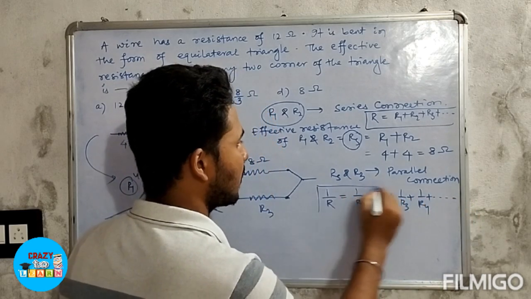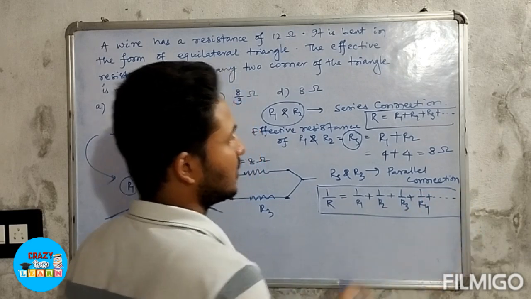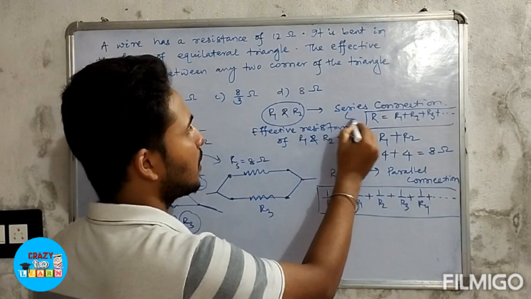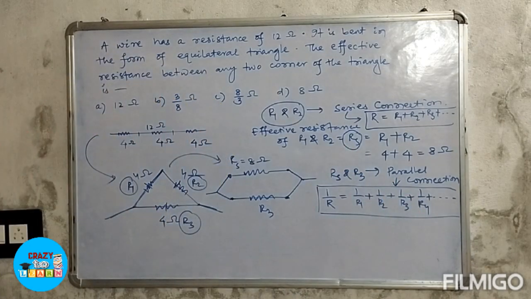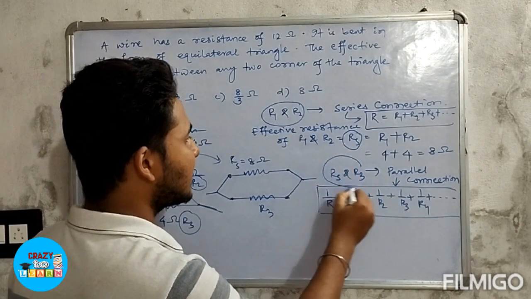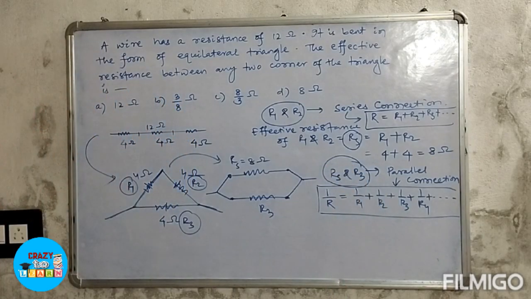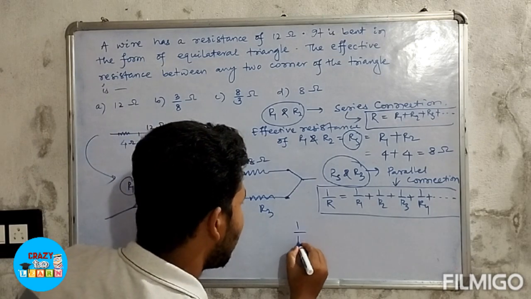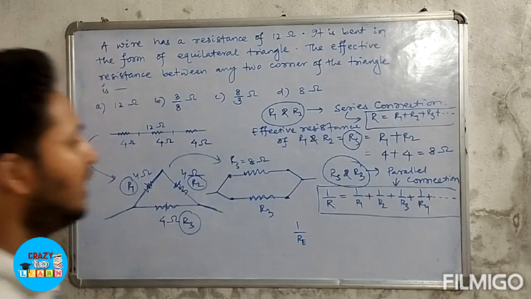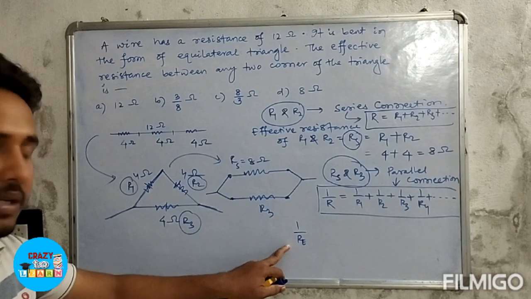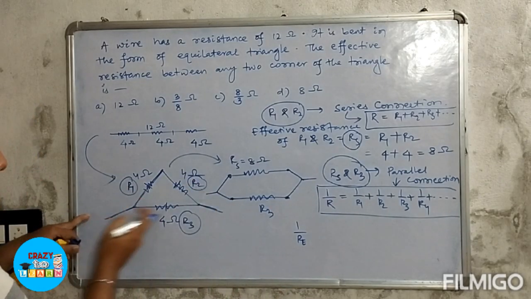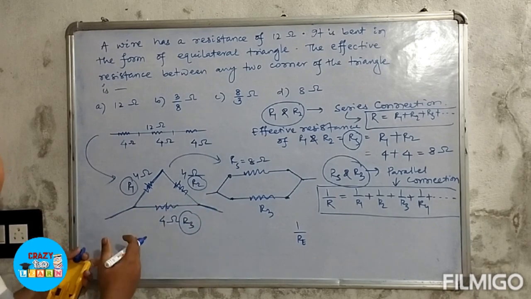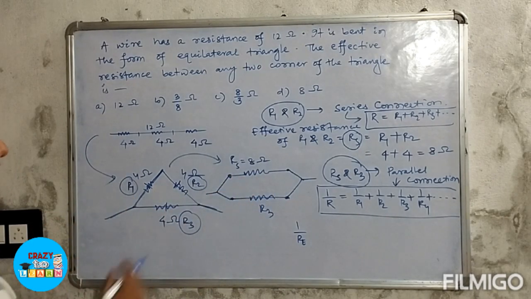This is the formula for the parallel connection. This is the formula for the series connection, and this is the formula for the parallel connection. As RS and R3 are in parallel, take the effective resistance as RE. Since there is no other resistance after this, we will get the final result for the corner we were asked about.